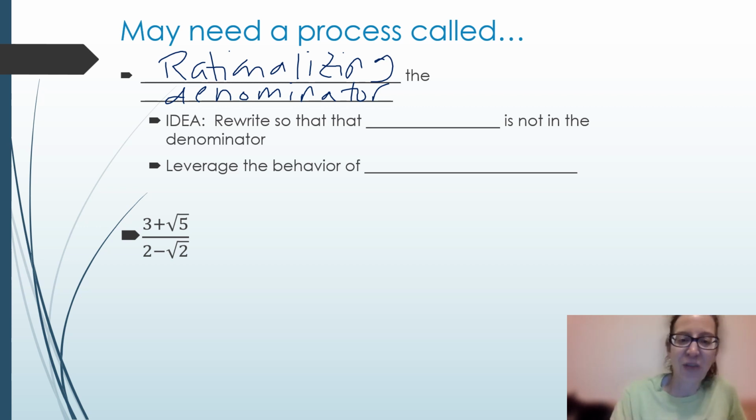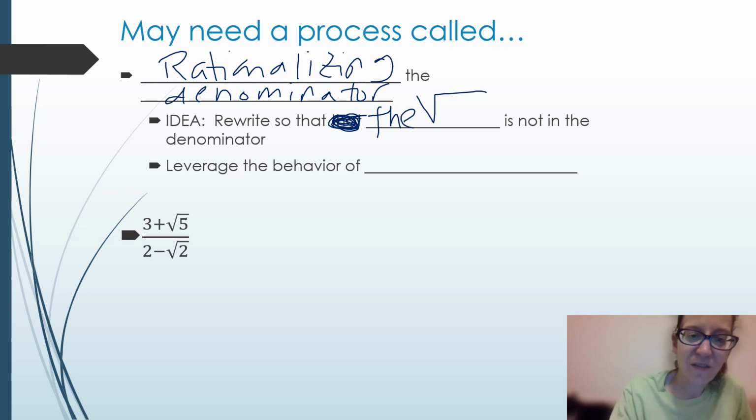And so what I am trying to do when I rationalize the denominator is rewrite my fraction so that the square root is not in the denominator. You're not really doing any division here per se.